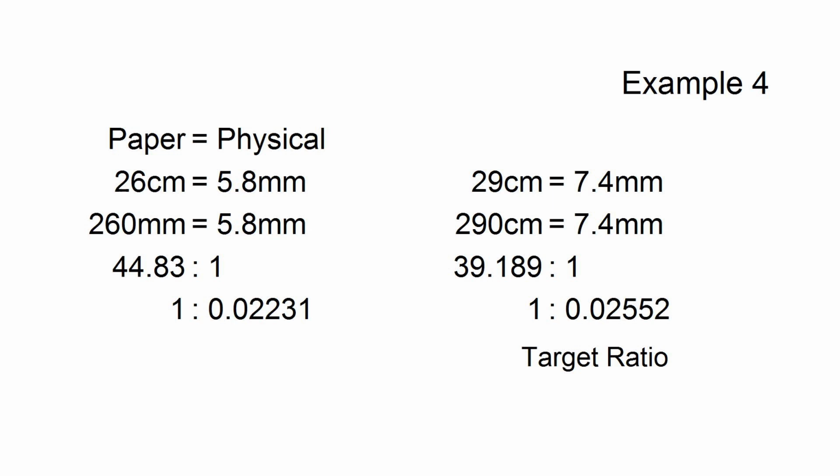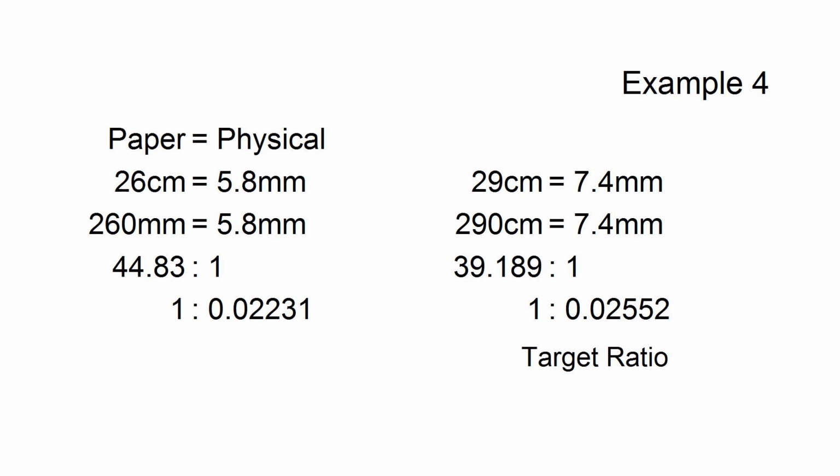The right-hand column, trying to fit 7.4 millimeters into the 29 centimeters on the paper, we get a target ratio of 1 to 0.02552.